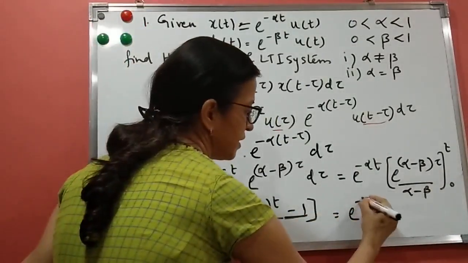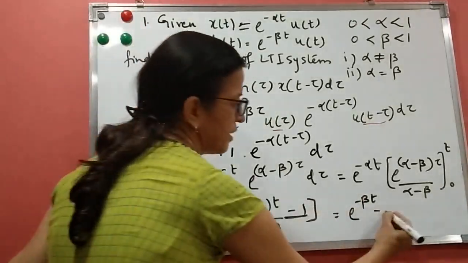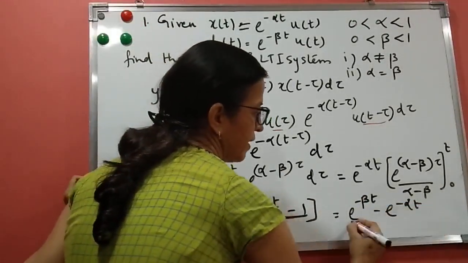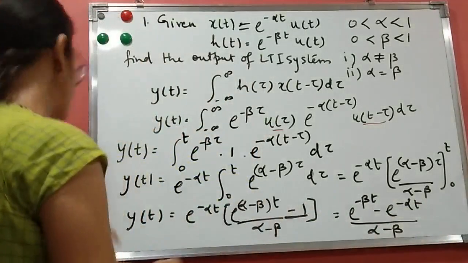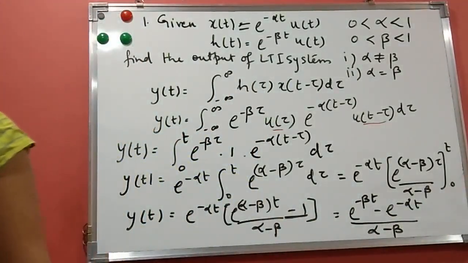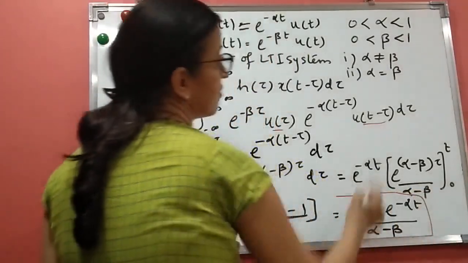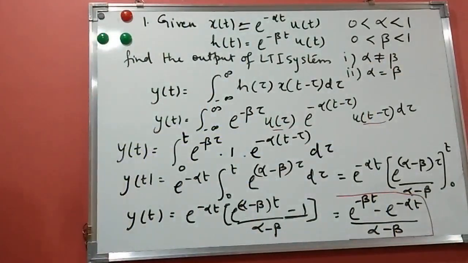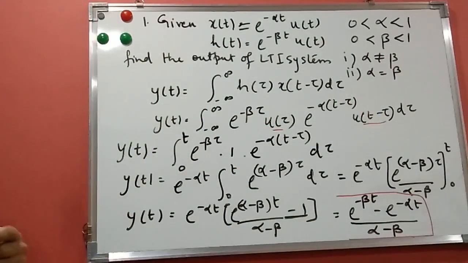So it becomes e raised to minus beta t minus e raised to minus alpha t upon alpha minus beta. So this is nothing but the answer for the first part, that is when alpha is not equal to beta. Because here we considered alpha not equal to beta, two different values, we got this as answer.